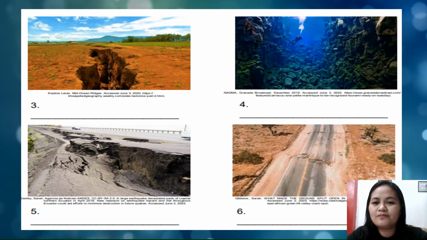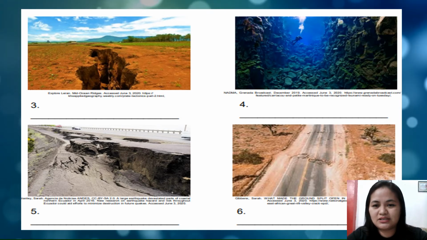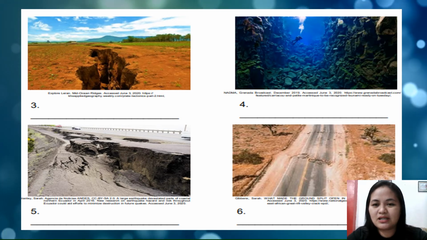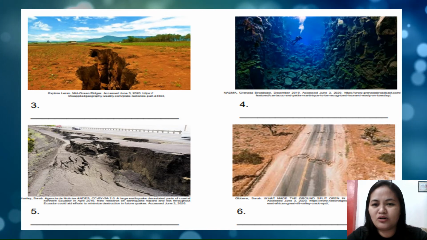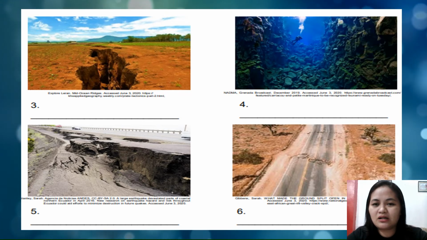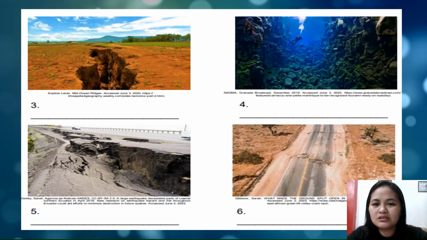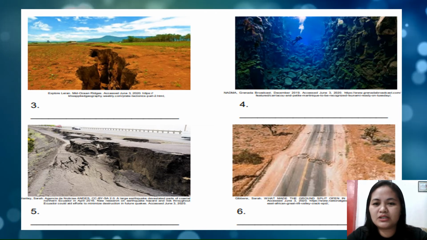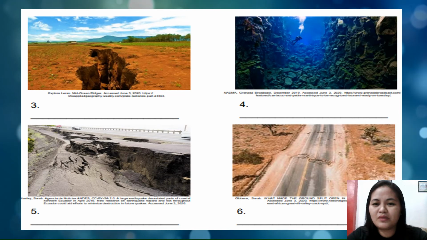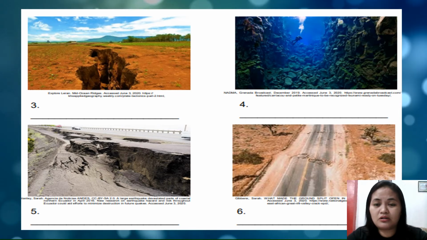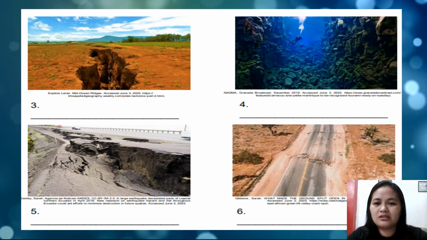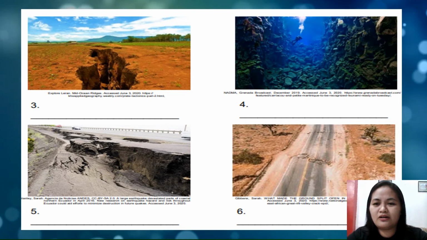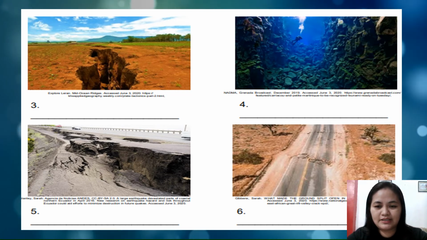You can see ridges. In Filipino, parang bangin. There is a deeper part. This could also be a trench. Either a trench or ridges, still you will answer the same kind of boundary, guys.